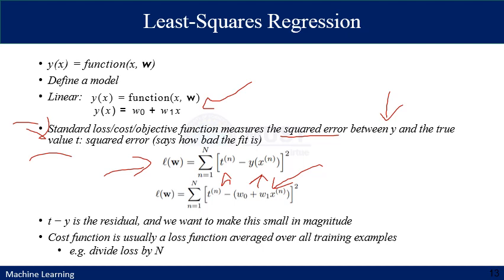Here t minus y is the residual error, and we want to make this error as small as possible in magnitude. A cost function is usually a loss function in many cases, but a cost function is averaged over all training examples.